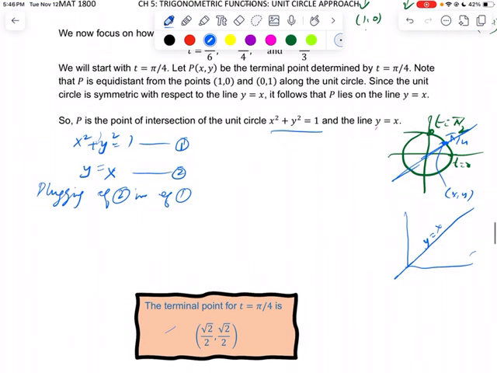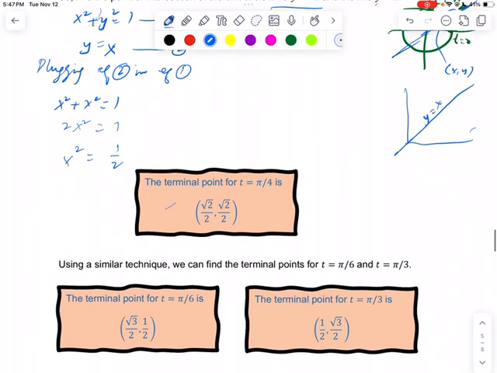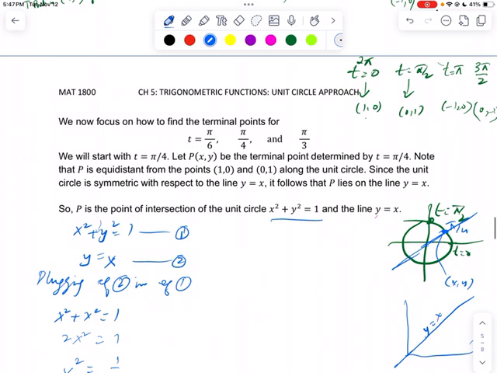So what do we get? x squared plus x squared is equal to 1 because y is x. This gives 2x squared is equal to 1, so x squared is equal to 1 over 2, which gives x is equal to plus or minus the square root of 1 over 2, or plus or minus 1 over the square root of 2, because the square root of 1 is 1.